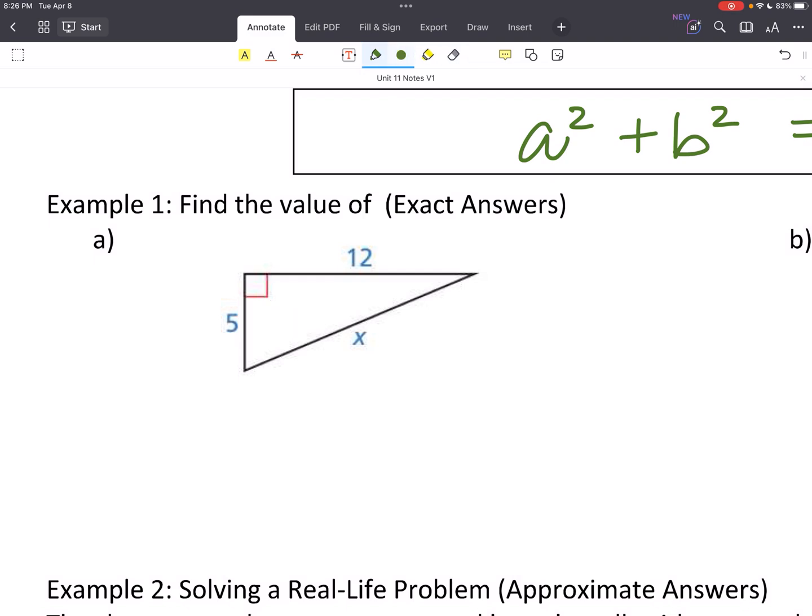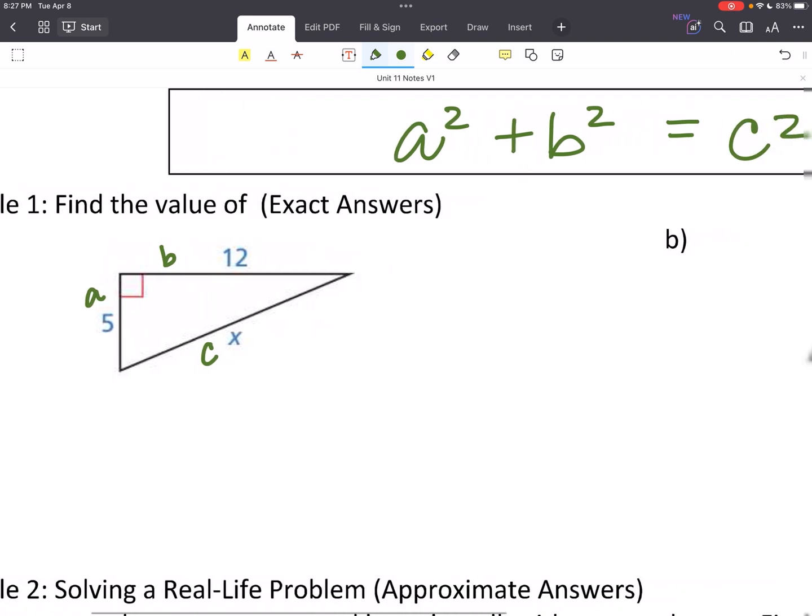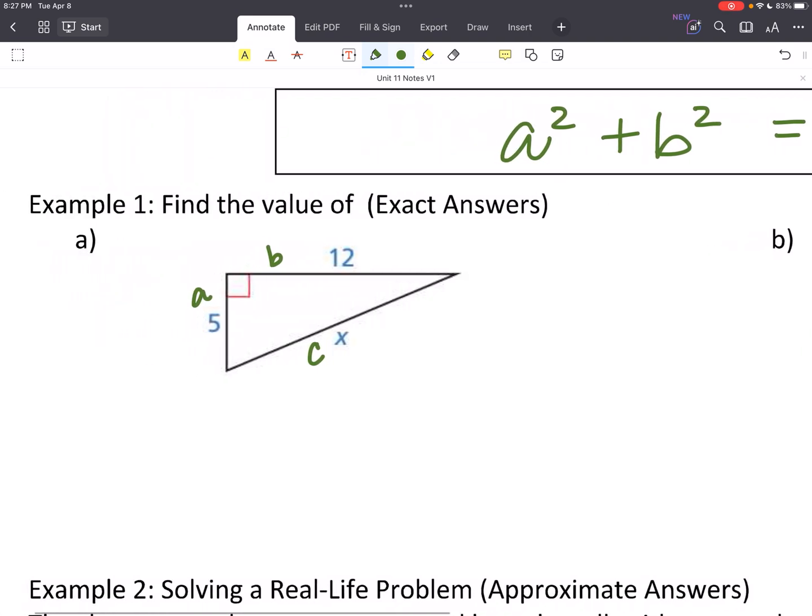So first thing you're going to do when you're doing Pythagorean theorem is label which side is C, which side is the hypotenuse, and then A and B, you can interchange them, it doesn't really matter. Just pick one to be A and one to be B. Now we're going to substitute all of this into the Pythagorean theorem. So we have 5 squared plus 12 squared is equal to x squared, because this is what we're looking for.